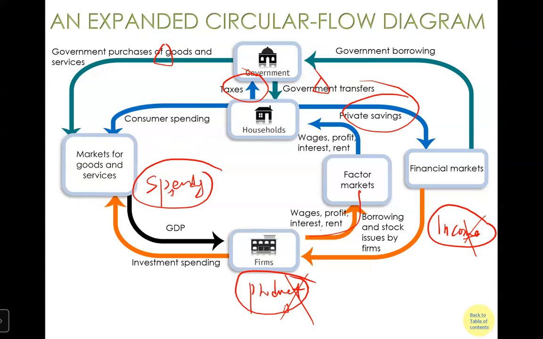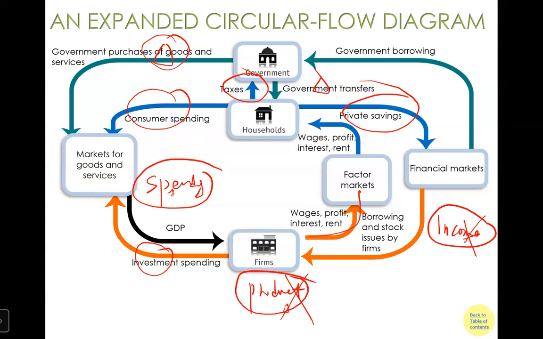Now, not only do we need to track consumer spending and government spending, we also need to track investment spending. Meaning the goods and services produced will not only be consumed by consumers, government also consumes a fraction, and finally, other businesses may also consume a fraction. Say, for example, a computer.